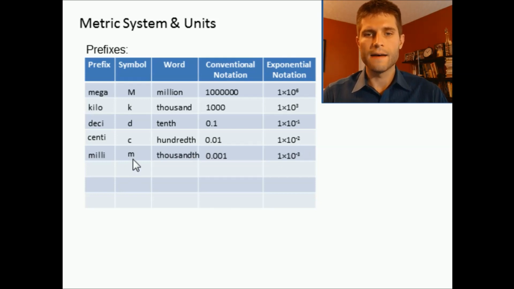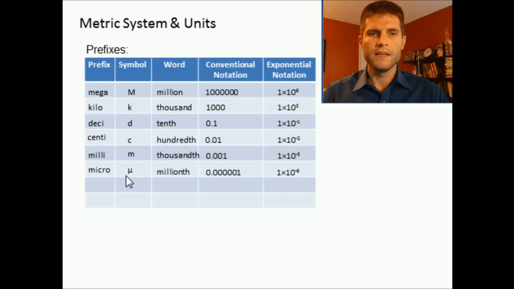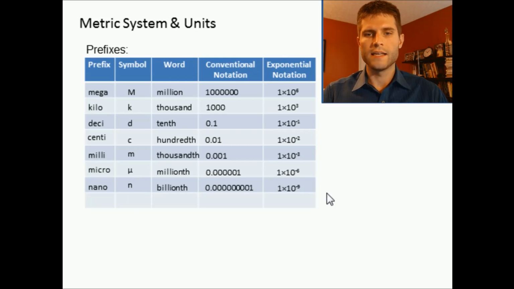Milli, lowercase m, 1 times 10 to the negative 3rd. Micro, this symbol is the Greek symbol for mu. It's a little u with a tail at the beginning of it, and that stands for 1 times 10 to the negative 6th. Nano, lowercase n, 1 times 10 to the negative 9th. And pico, lowercase p, 1 times 10 to the negative 12th.